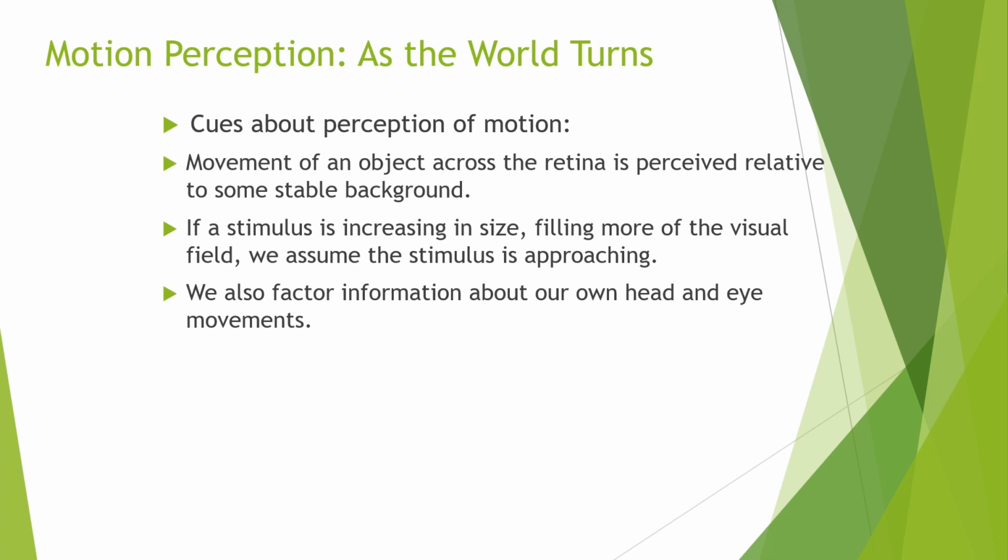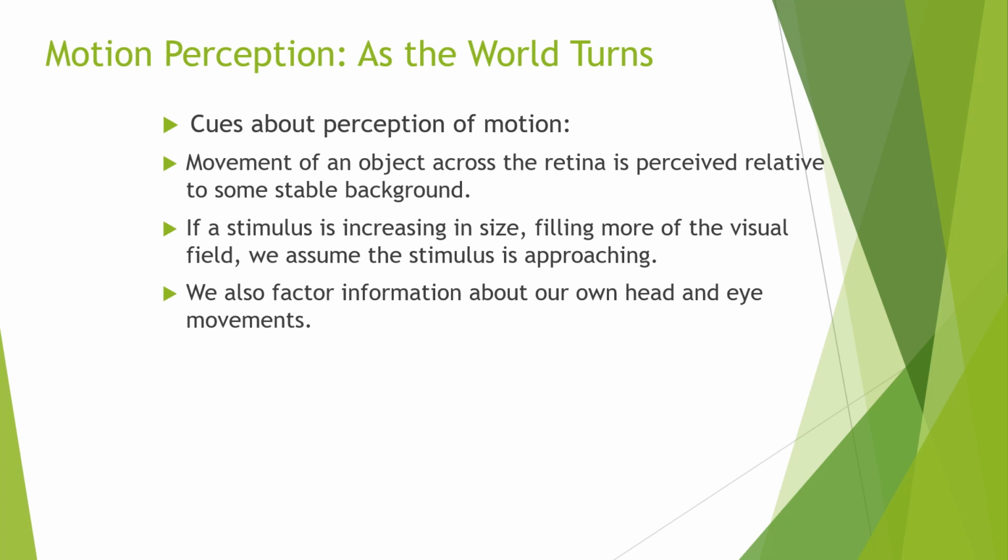That's the motion that we see. Same with a car. You look both ways before you cross the street. As the car is approaching you, it's filling more of your perceptual field, and therefore you perceive it as getting closer to you, and you're not going to cross the street.